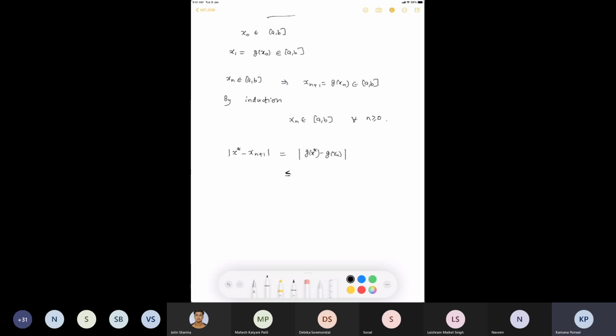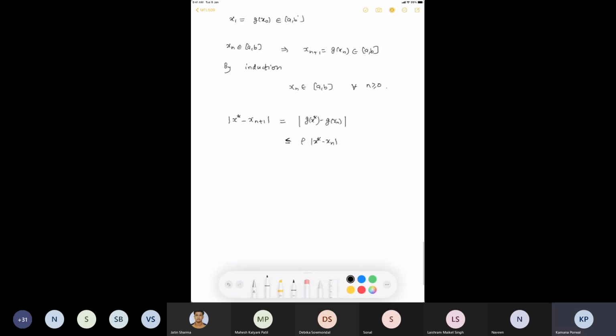You apply the mean value theorem, and then use the property that mod of G prime of x is less than or equal to rho, getting that this is less than or equal to rho times mod of x star minus x_n. I skipped one step: you apply the mean value theorem and then use that property.